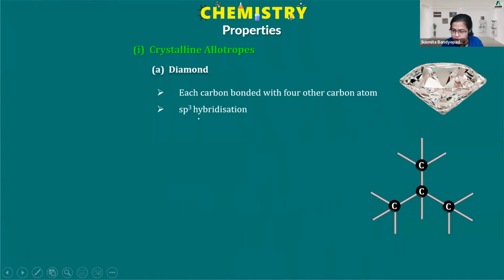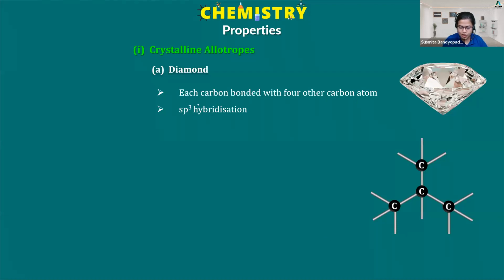Fullerene and Buckminster fullerene are basically the same thing, named after the person who found it. Buckminster fullerene is the full name, but I just restricted myself to fullerene. So each carbon is bonded with four other carbon atoms via sigma bonds.